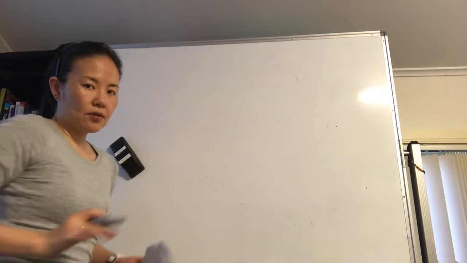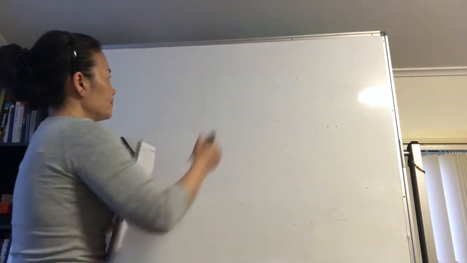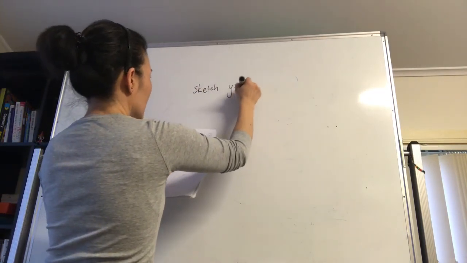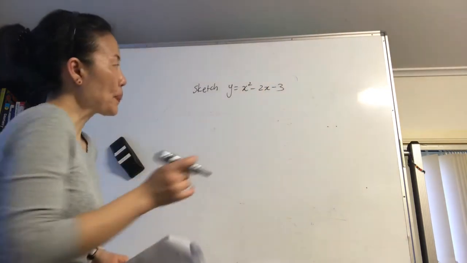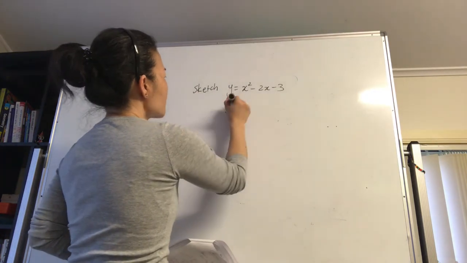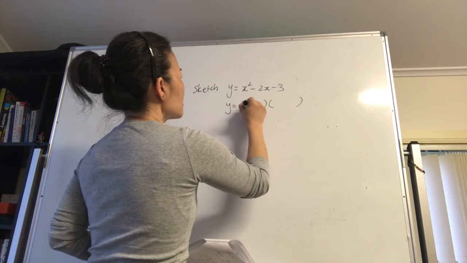All right. That comes to the last question, an extra bonus question. Sketch y equals x squared minus 2x minus 3. Now this is a parabola. To do that, I'm just going to factorize this first to find the x-intercept.